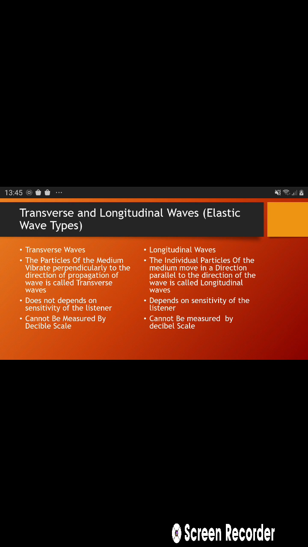What is the decibel scale? I will explain in my next class. Now, longitudinal wave. Here the particles of the medium vibrate in the direction of the flow of sound. It's like the boat going the same way as the flow, so it doesn't have to increase force or speed.